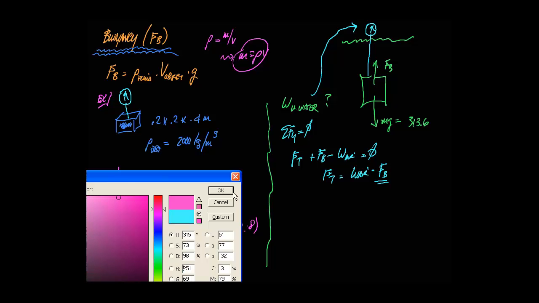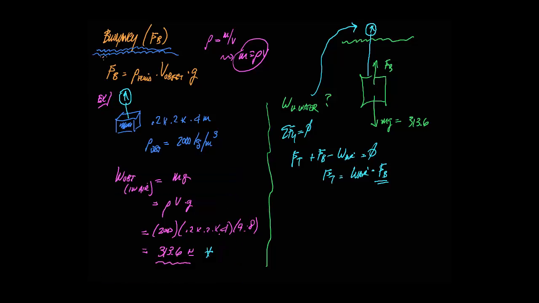How are we going to calculate it? Buoyant force, as we see from the equation here, the big pink circle, is the density of the fluid, so let's say it's water, times the volume of the object, which is 0.2 times 0.2 times 0.4, times gravity.